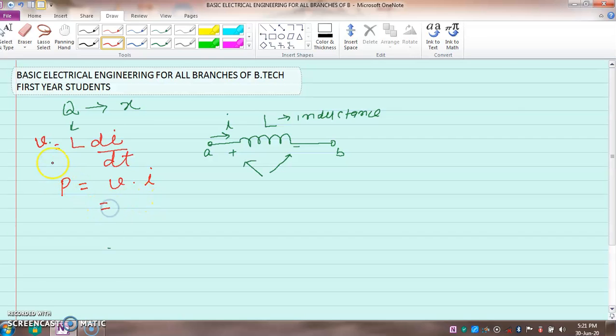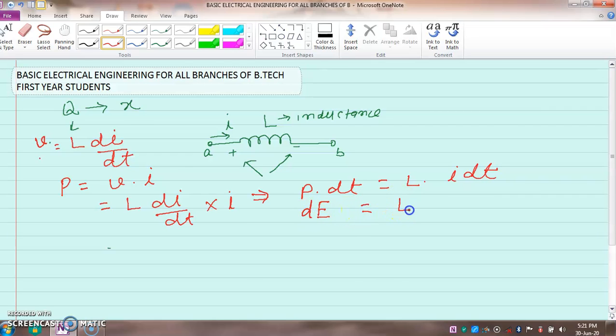So you put this voltage value here: voltage is L di/dt, multiplied by I. If you bring dt over, the equation becomes power multiplied by dt equals L multiplied by I di. And power multiplied by time is called energy. So this is a small dE, and it is equal to L I di. This is not dt, it is di. It is I, not d.